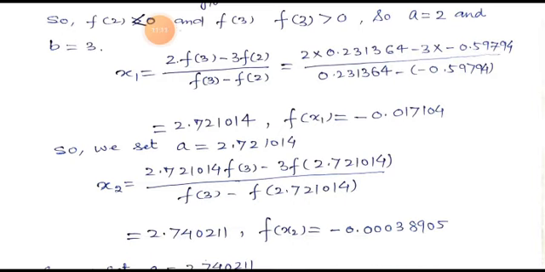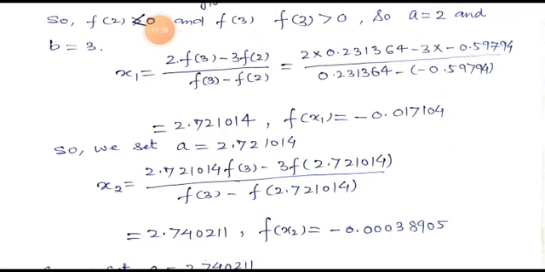So x2 is equal to (2.721014 into f3 minus 3 into f(2.721014)) upon (f3 minus f(2.721014)).